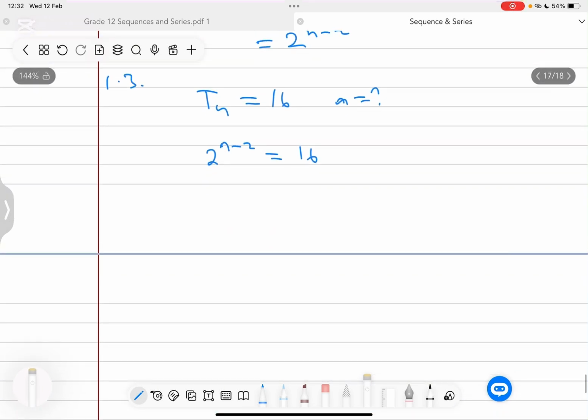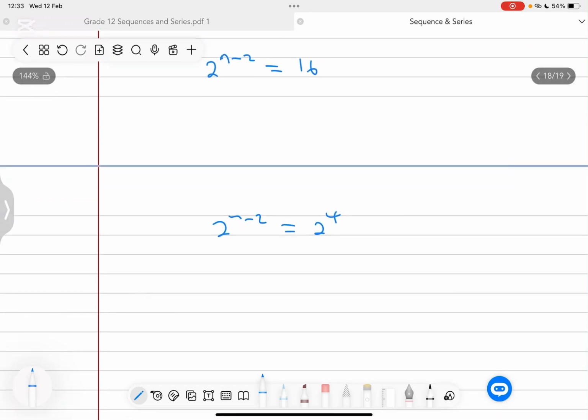Now I can simply solve for n. To solve for n, it's important to notice that the 16 can be rewritten as 2 to the power 4. And from here, this question becomes very boring, because we all know that if I have two powers that are equal to each other, it means that for those powers to be the same, the bases and the exponents must be the same. In this question, we can see that the bases already are the same.